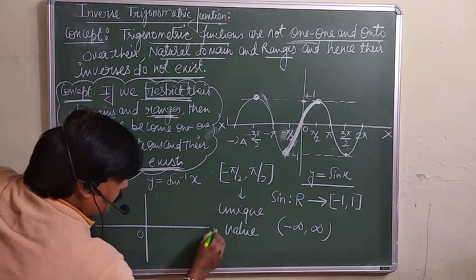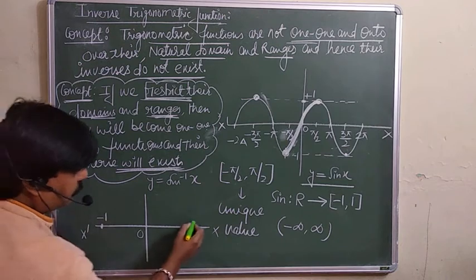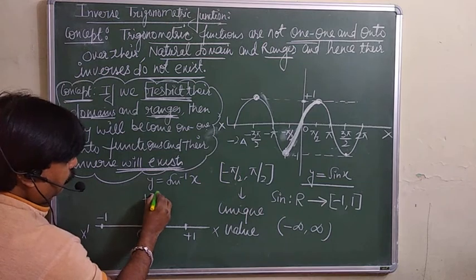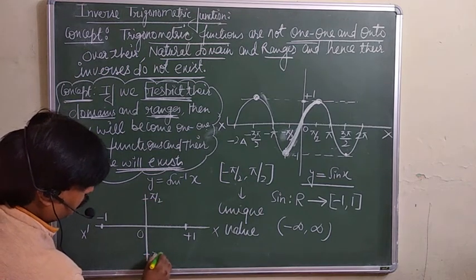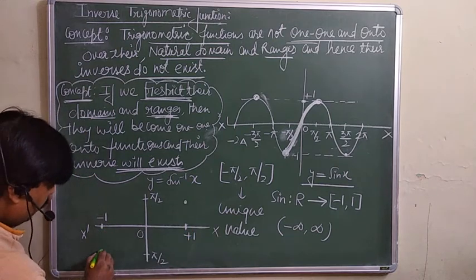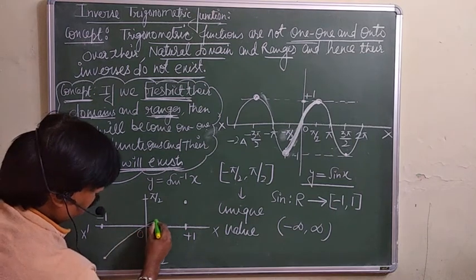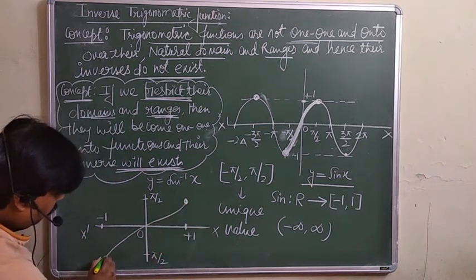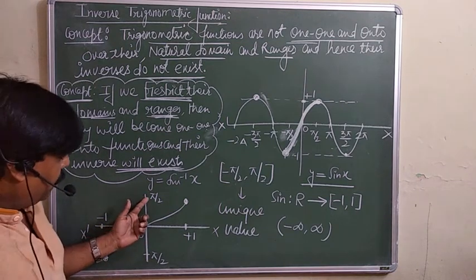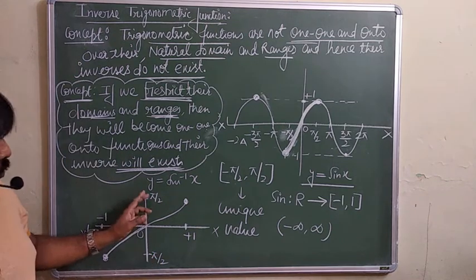So this is your x or x dash. Here you can take minus 1 and plus 1, and here pi by 2 and minus pi by 2. So your point will be here, and here is minus, so your graph will be like this. This is y equal to sin inverse x in the interval minus pi by 2 to plus pi by 2.